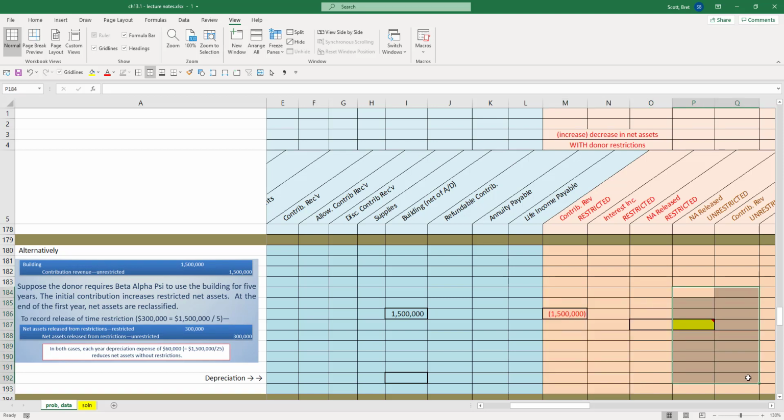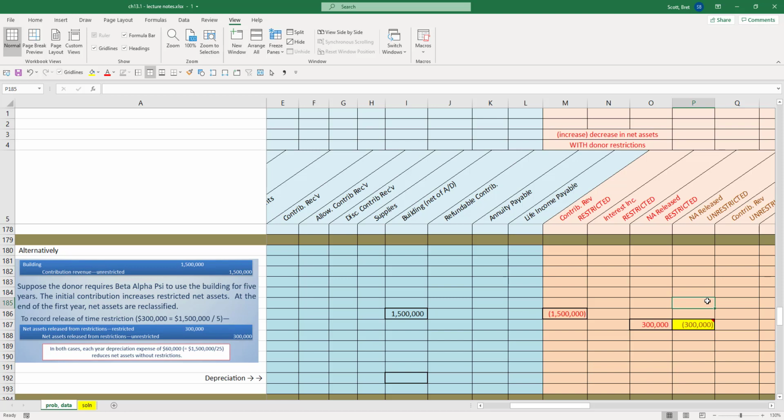We have to release it. So if we're going to use this thing for 5 years, let's release 300,000 each year and show that as actual, now unrestricted revenue.